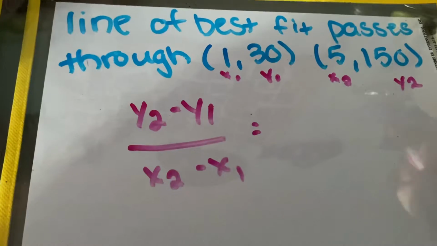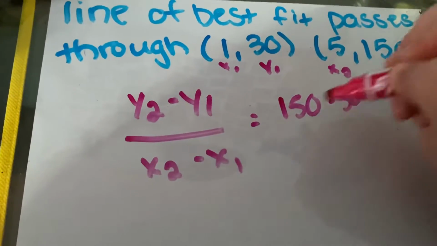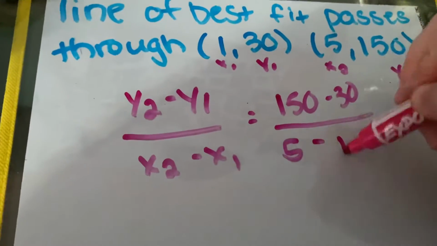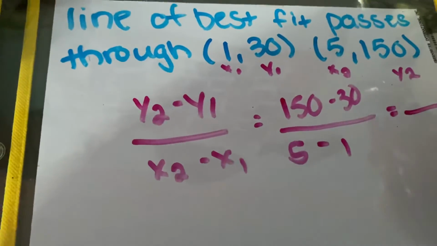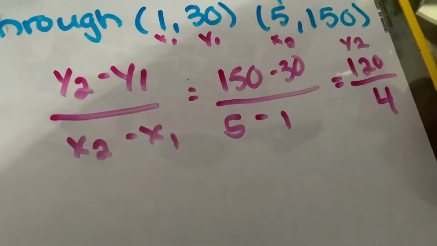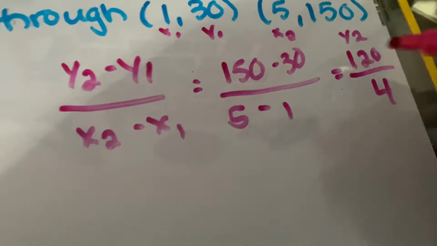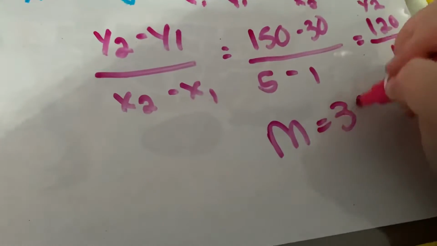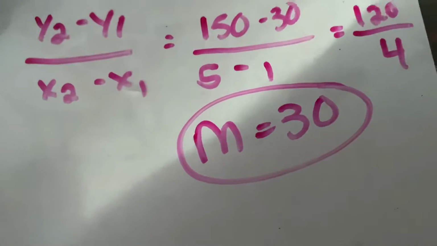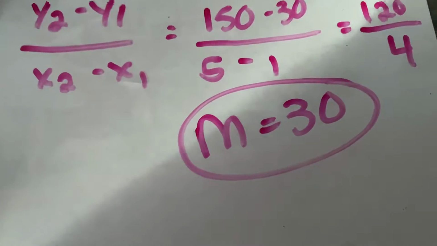Now let's plug those in. y2 is 150 minus 30, divided by x2 which is 5 minus 1. That gives me 120 over 4, and 120 divided by 4 is going to equal 30. So m equals 30. Now remember, m means slope, so m is 30.